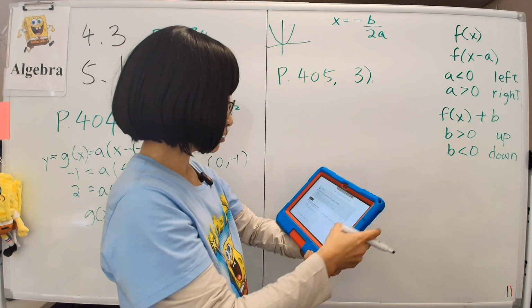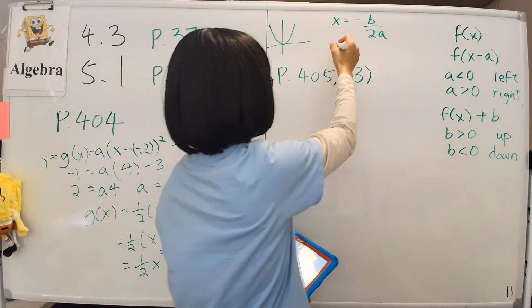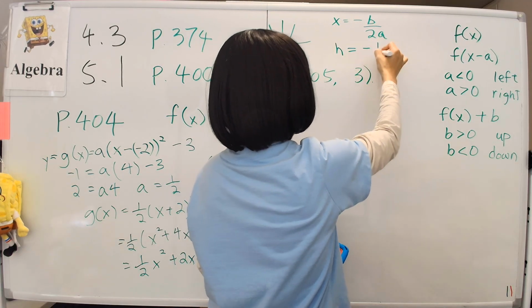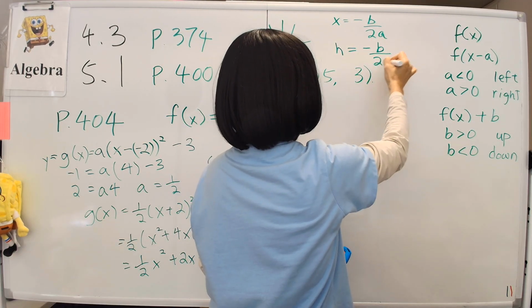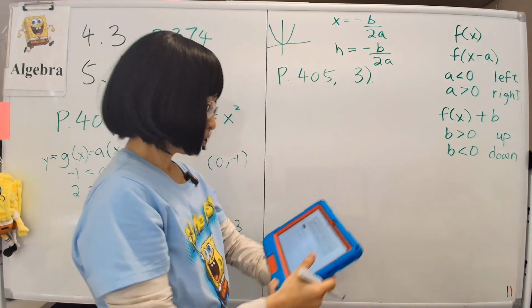That is also the equation of h. Why? Because h is the x value on the axis of symmetry, so they are the same.